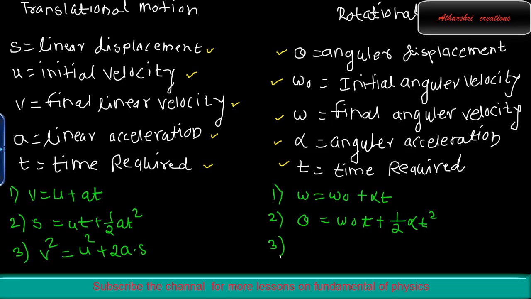And the third kinematical equation is omega square, which is equal to omega 0 square plus twice alpha into theta. These are the kinematical equations in translatory motion and the corresponding kinematical equations in rotational motion.